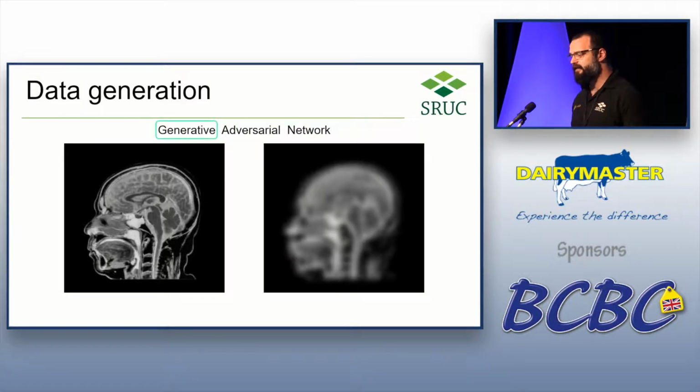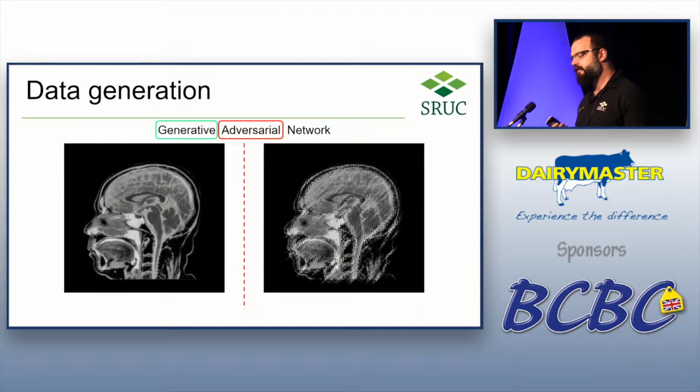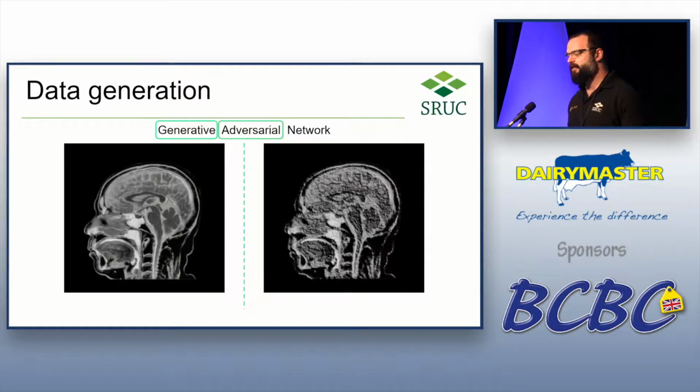And the first part is the generative part, where it would look at the images and try and dream up something that looks quite similar to it. But the second network, the adversarial network, would look at it and say, well, I can clearly see this is fake. This doesn't help me. You need to retry. And that generative network would keep on changing and improving up until a certain point where the adversarial network can't tell the difference.